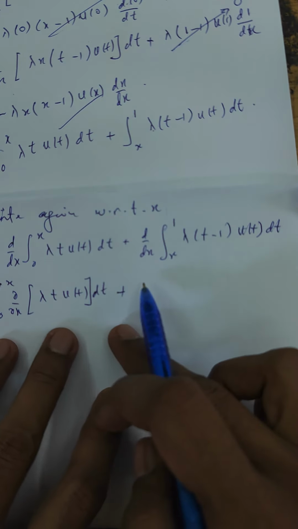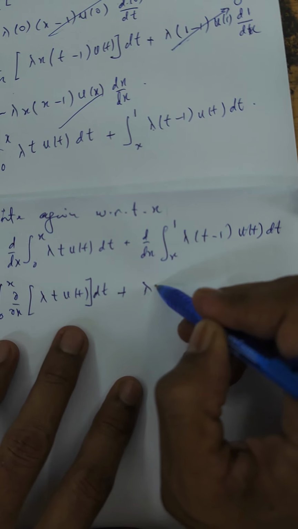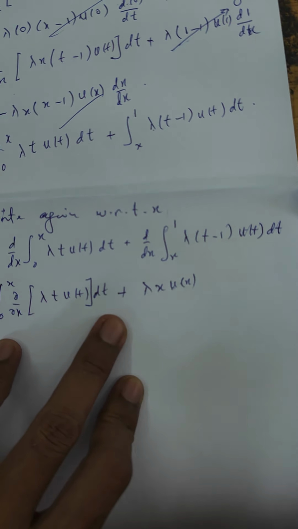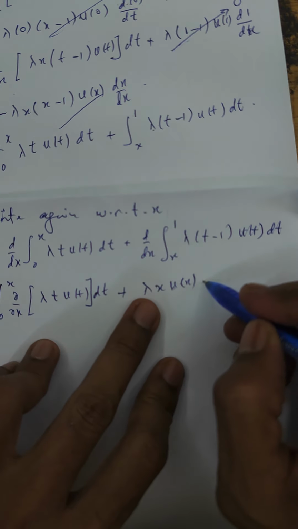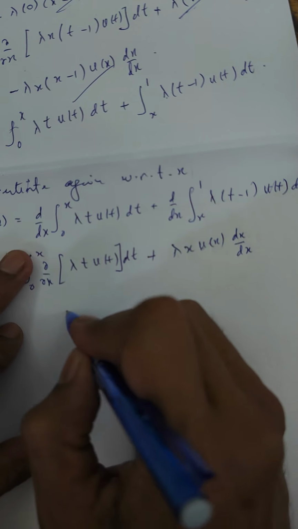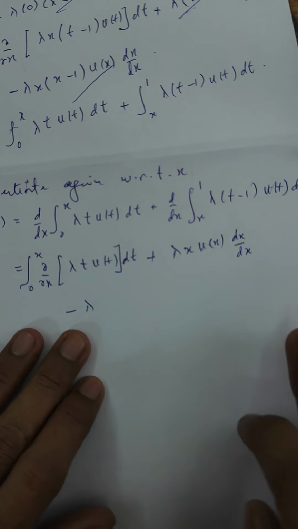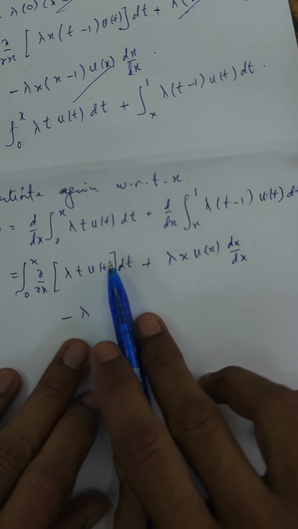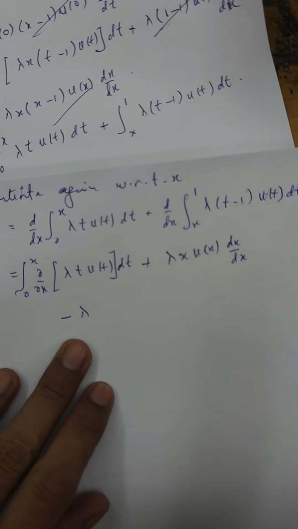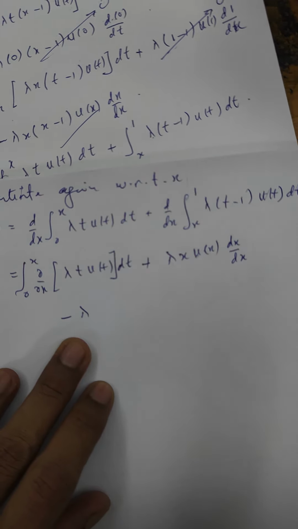So we have lambda x u x, correct, and dx/dx, minus we have lambda evaluated at t, yep, correct.